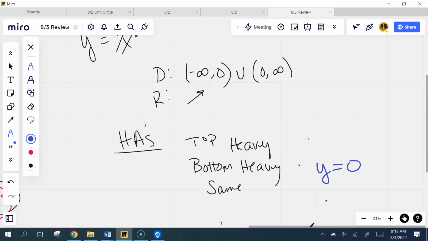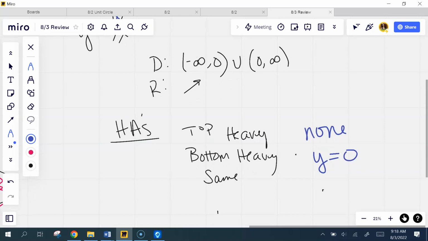Top heavy has no horizontal asymptote. And the same has the leading coefficient of the top divided by the leading coefficient of the bottom. So that does impact my range there.